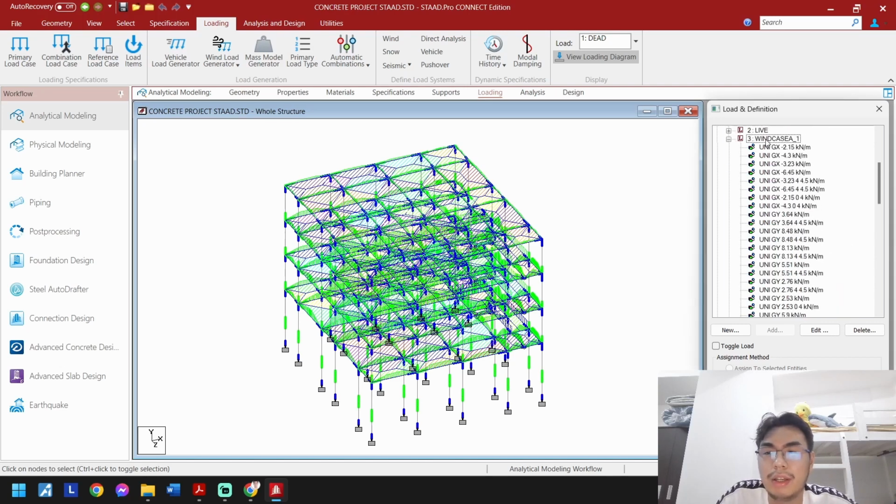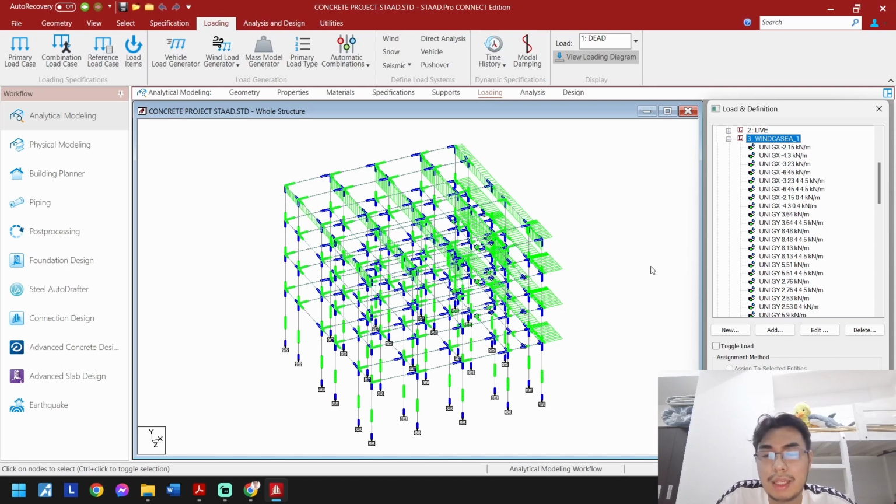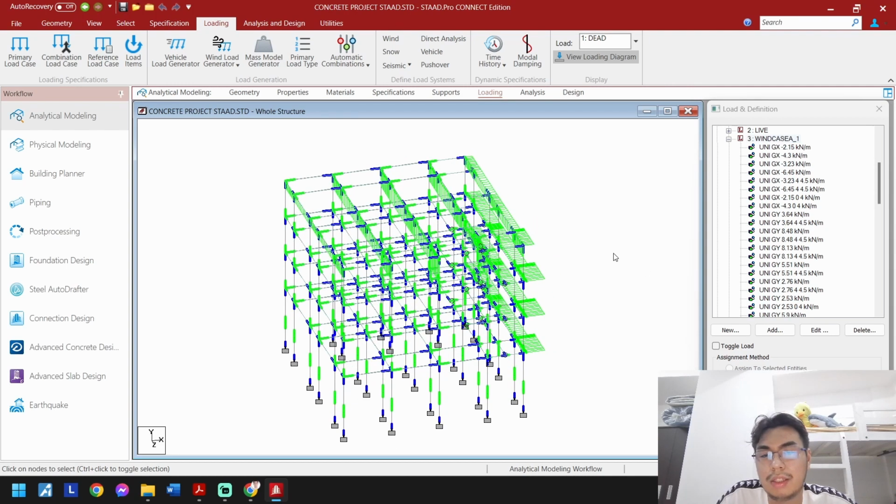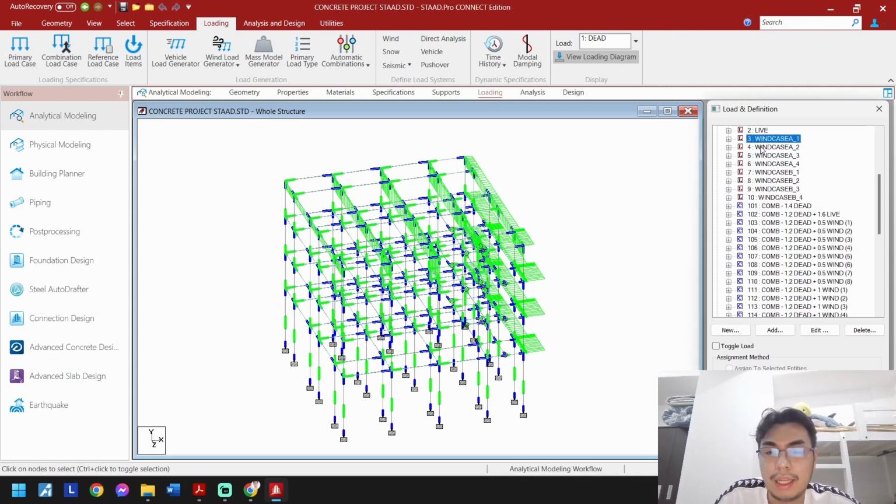For the wind case A1, it is for the sides. For the case A2, it is just on the back side, wherein the wind is still on the right side, but the maximum wind is on the rear.